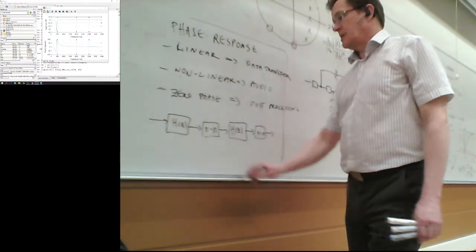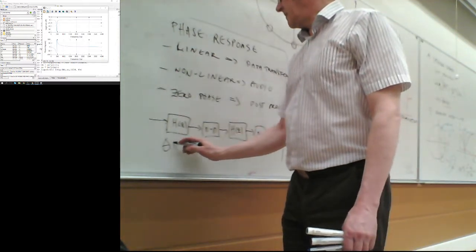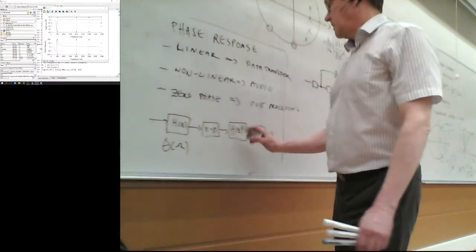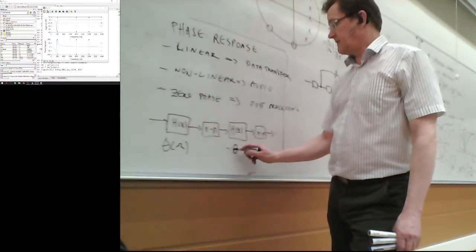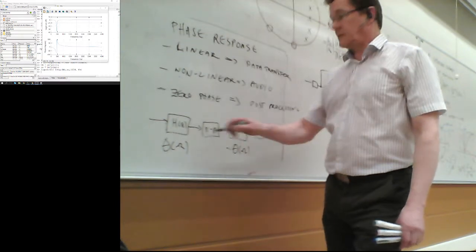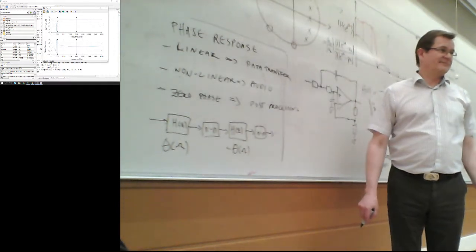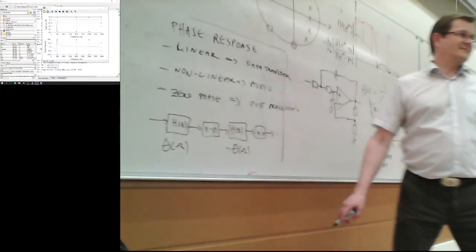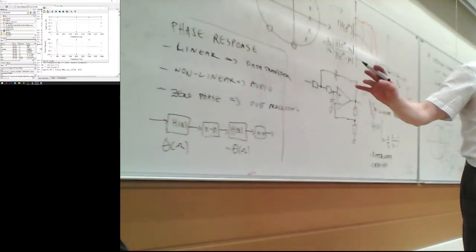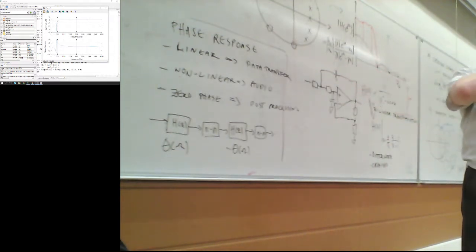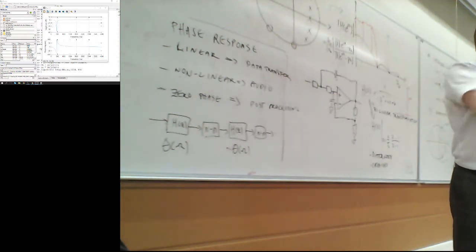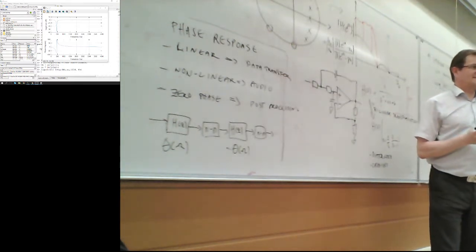What happens? Well, you have the negative phase shift because we reverse the time for the data. Yeah, zero phase shift. You just run the filter that way, and that's it. Zero phase.